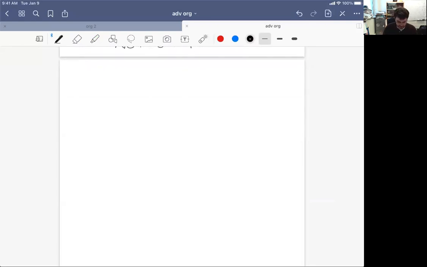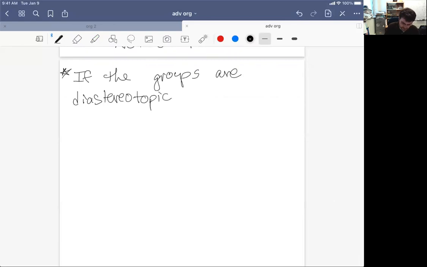So what does all this mean? Here's the key takeaway. If the groups are diastereotopic, the groups are in different chemical environments.